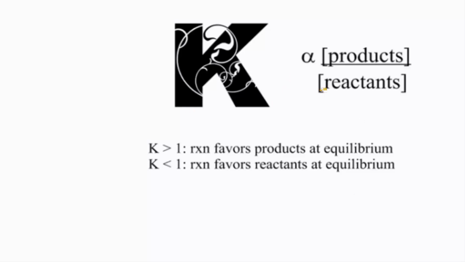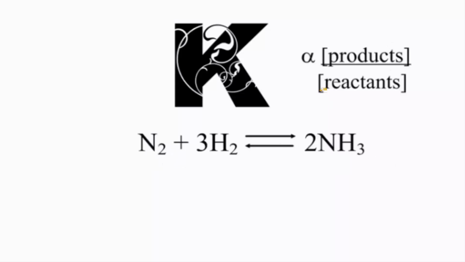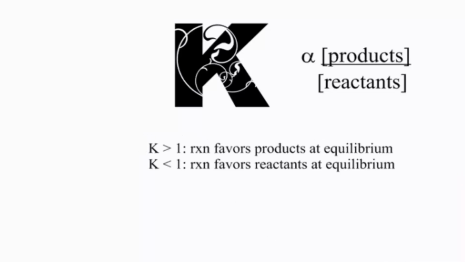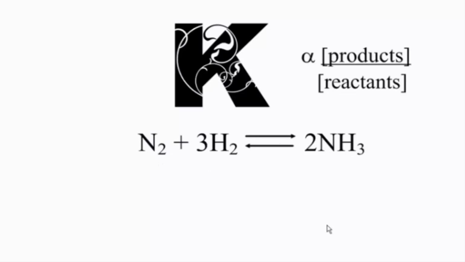So the equilibrium constant K is greater than 1 if the reaction favors products at equilibrium, whereas K less than 1 means it relies on the reactants. So if it is less than 1, the reaction favors reactants at equilibrium. This is referred to as the equilibrium constant.